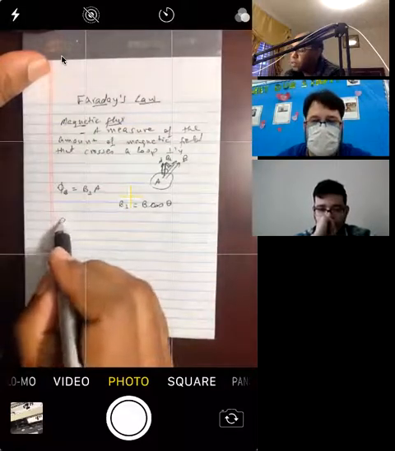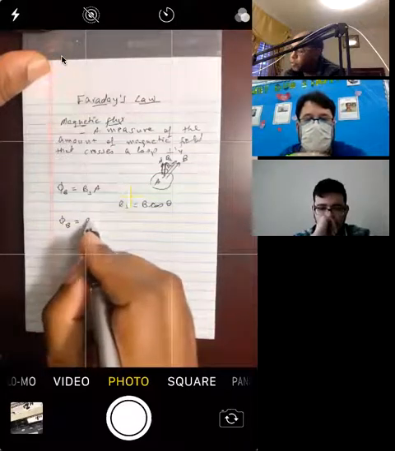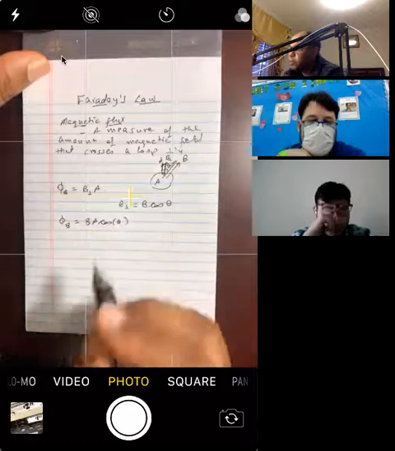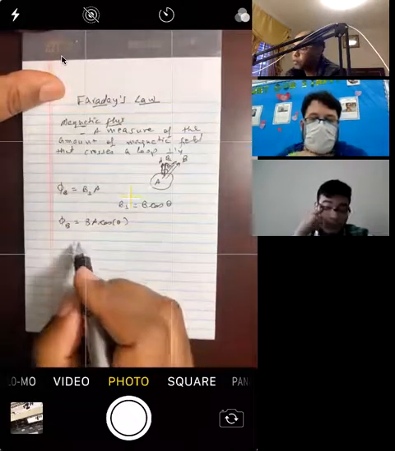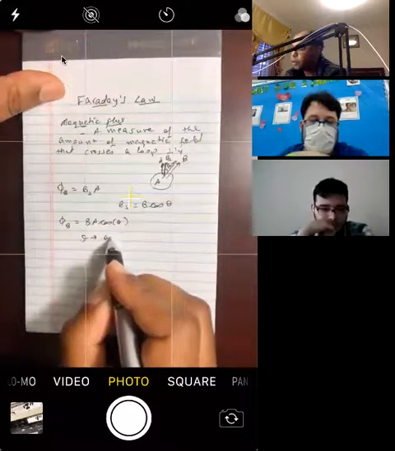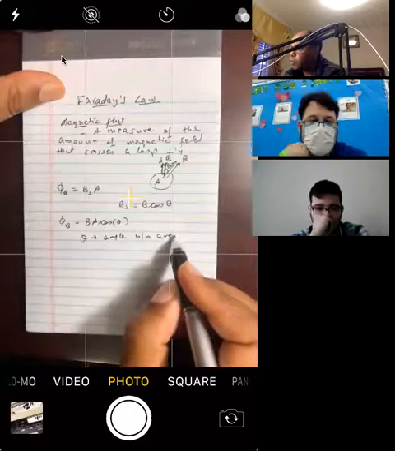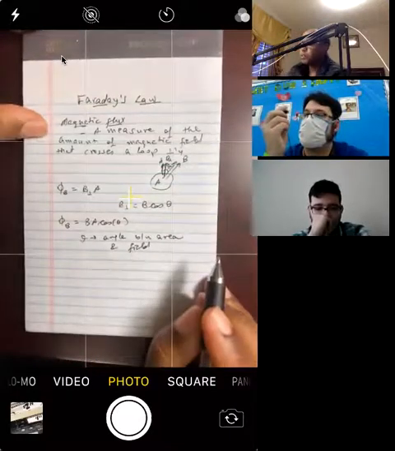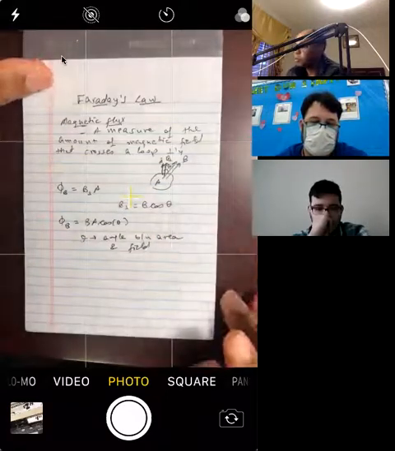So the magnetic flux would be the strength of the field times the area of the loop times the cosine of the angle between the area and the field, okay? So theta is the angle between area and field, okay? So this is assuming the magnetic field is constant throughout the loop, but most of the time it's not going to be constant, so let's generalize it.